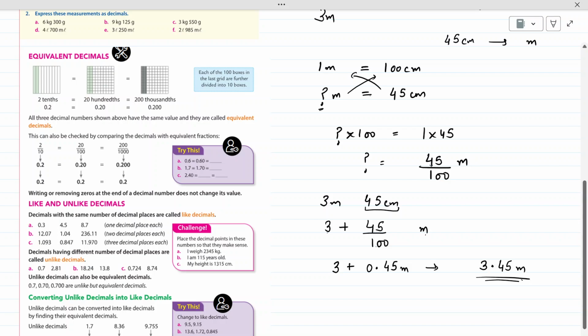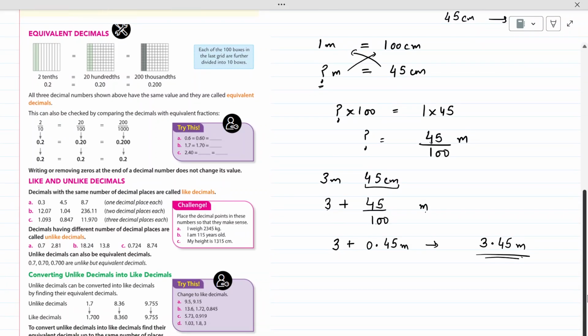So what we can see here is that the question which was given to us, 3 meter 45 centimeter, in decimals is equivalent to 3.45 meters, right? I hope you have understood what we have done here. Since both the units were different, we have converted it into a single same unit, which is meters.